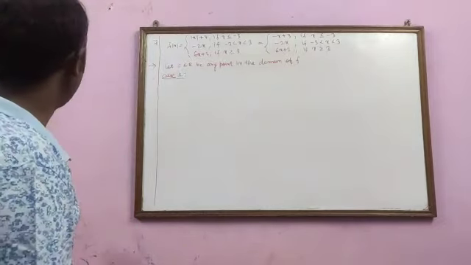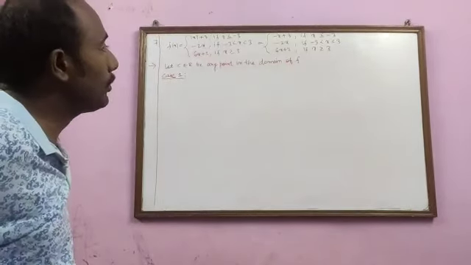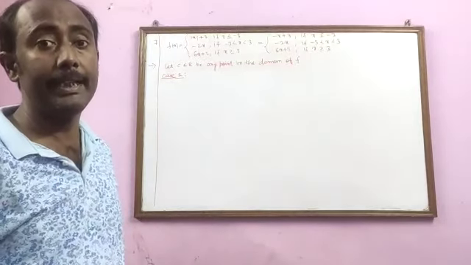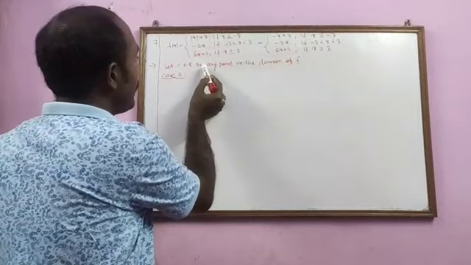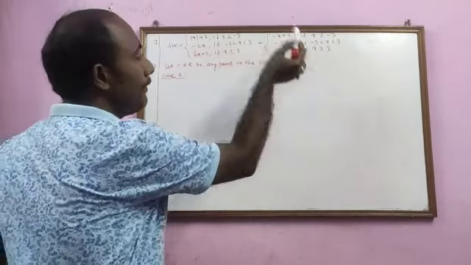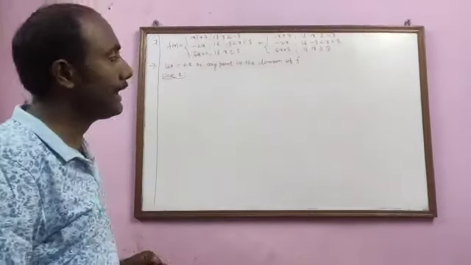So we have to find the points of discontinuity of f, and for this we will go through each and every point in the domain. So we start with: let c belong to R be any point in the domain of f. From the domain we will take any point.